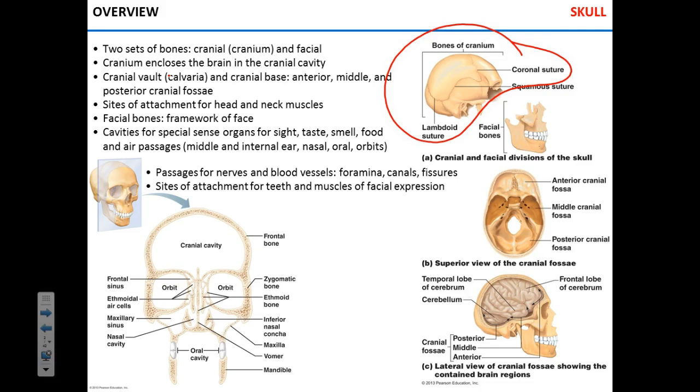Let's put it this way. So touch them, please. Touch them, roll them in your hands, look at them. Right? So cranial bones enclose the brain, and facial bones are responsible for, obviously, facial features.